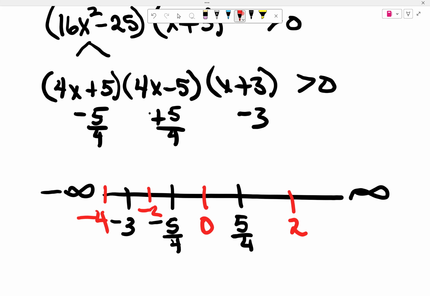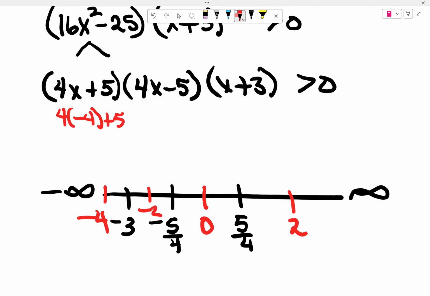So technically, you could use what we have here. Might be a lot easier. So this becomes, for example, 4 times -4 plus 5. This is 4 times -4 minus 5.